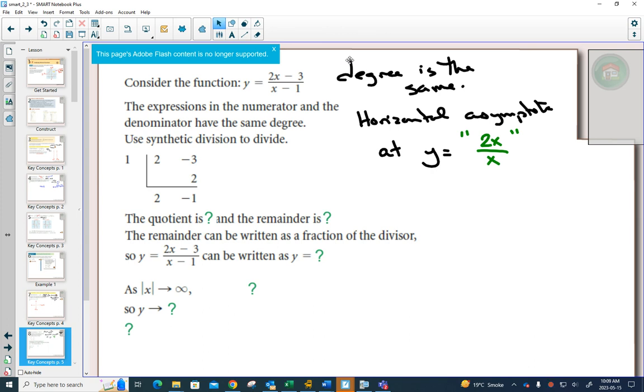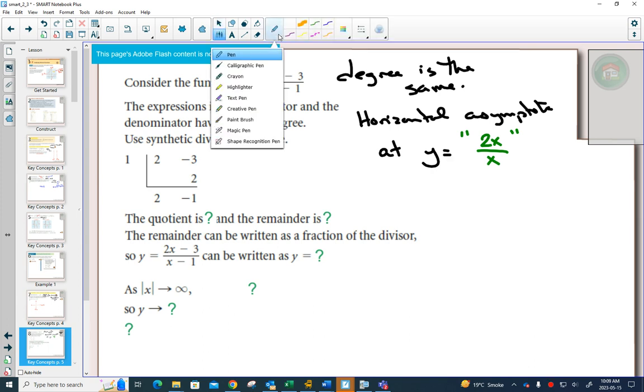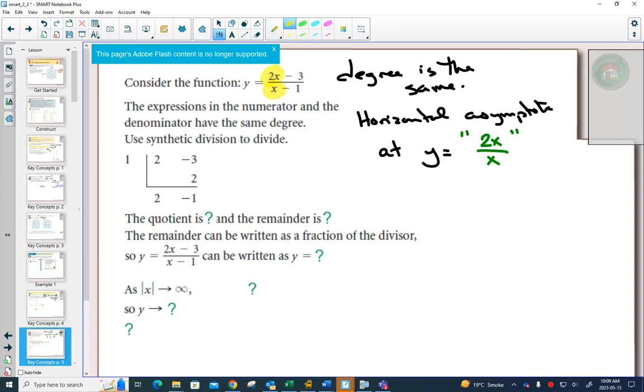But the idea is that whatever your biggest degree is, in this case, it's an x. You take 2x divided by x, and that's where your horizontal asymptote would be. So in this case, it would be y equals 2.